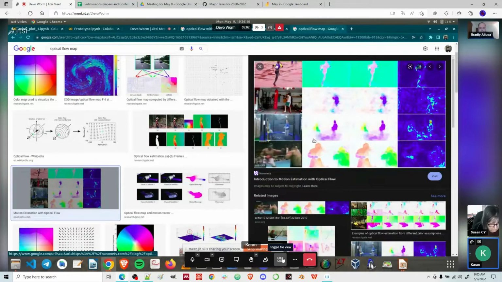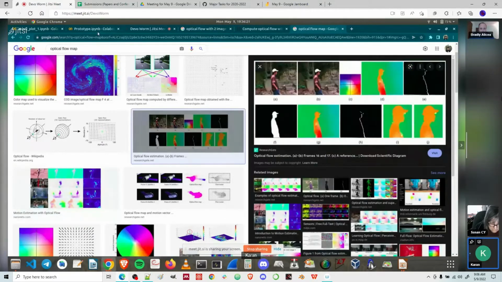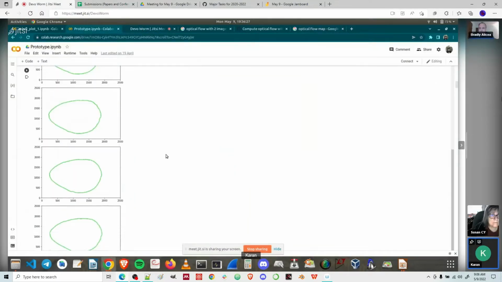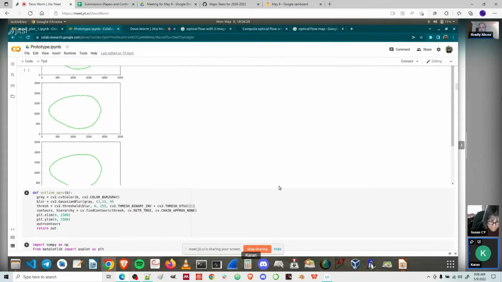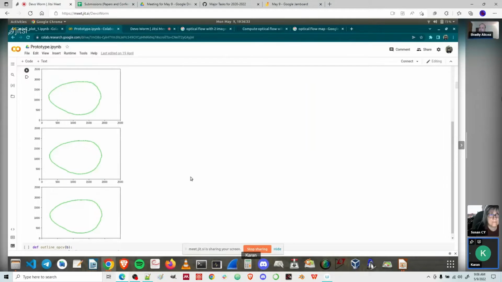So this is another thing that I'm going to try with this model, after I generate the proper number of contours and smoothen them. I'll be moving on to that next.